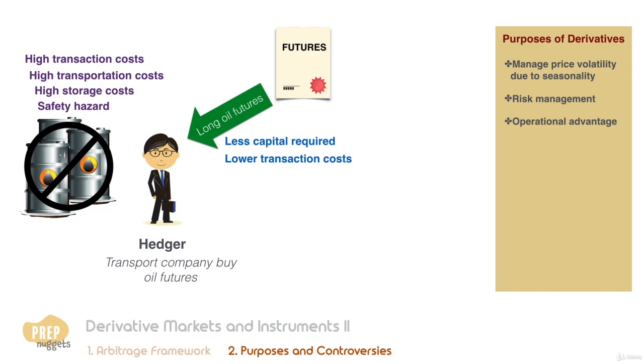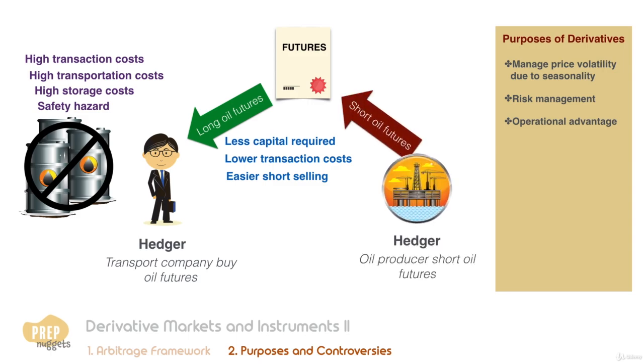One other extremely valuable operational advantage of the derivative markets is the ease with which one can go short. Take an oil producer, for example. The oil producer may be concerned about the risks of falling oil prices in the future. To hedge against such risks, the producer can go short on oil futures to lock in current prices.